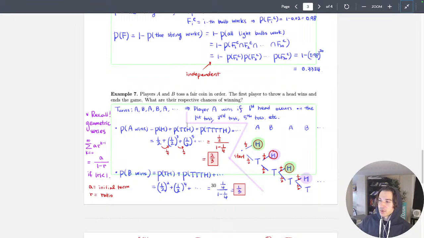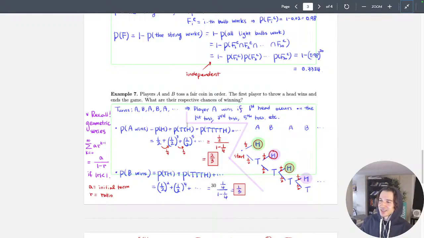So if A goes first, the probability that A wins equals P(H) plus P(TTH) plus P(TTTTH), and you're going to get 1/2 plus 1/2 cubed plus 1/2 to the fifth, right? Because T and H have the same probability. And that is going to simplify if you remember geometric series, which I totally remember.